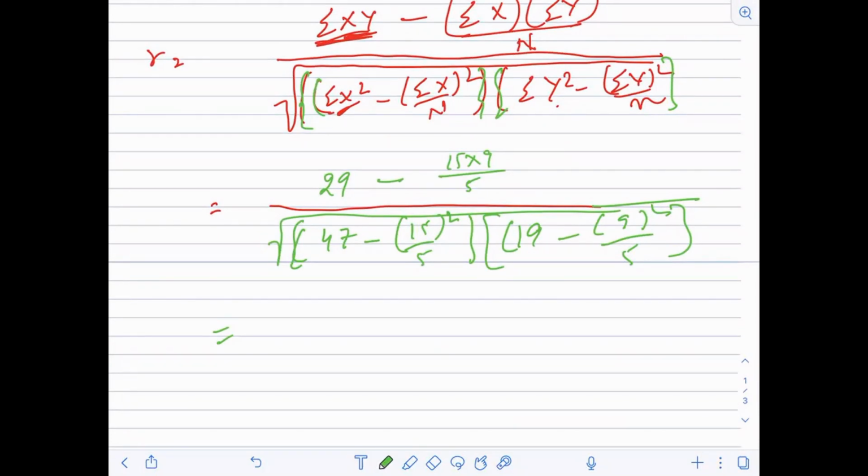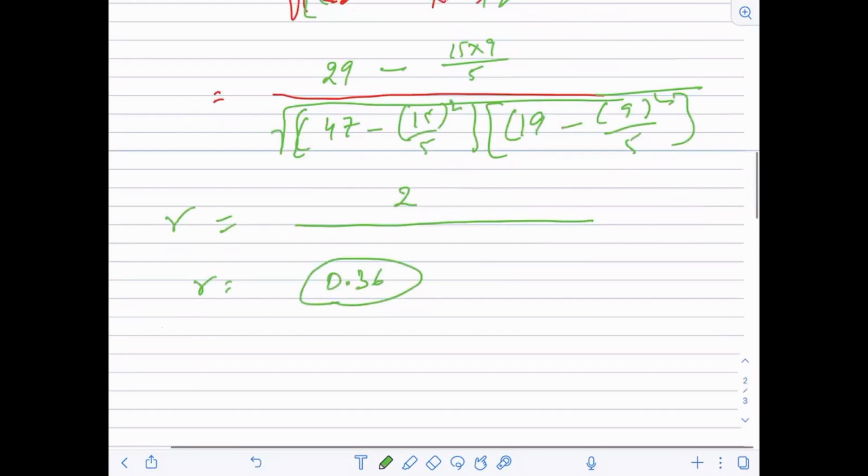So I think it would be 0.36. Okay, so he says 0.36.